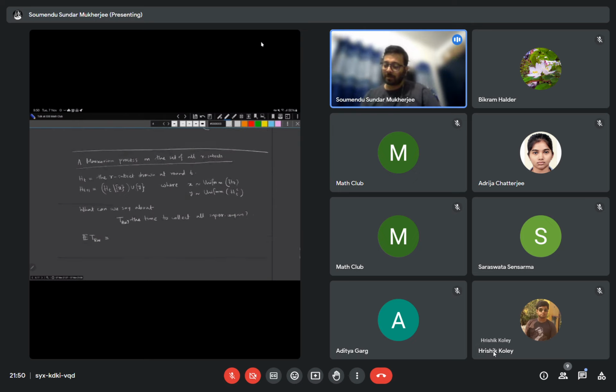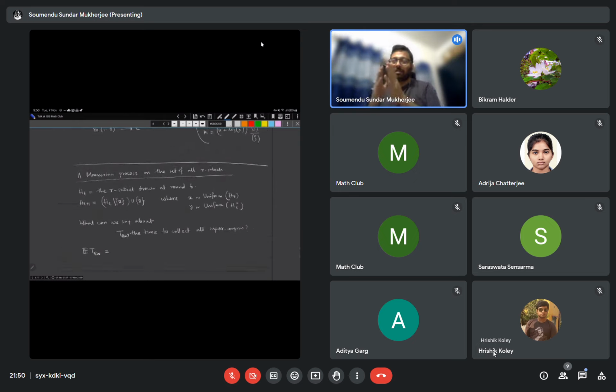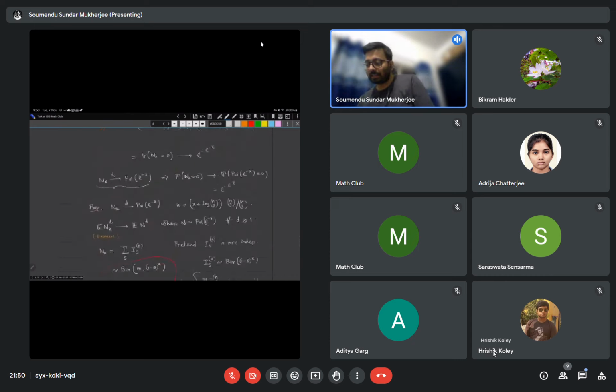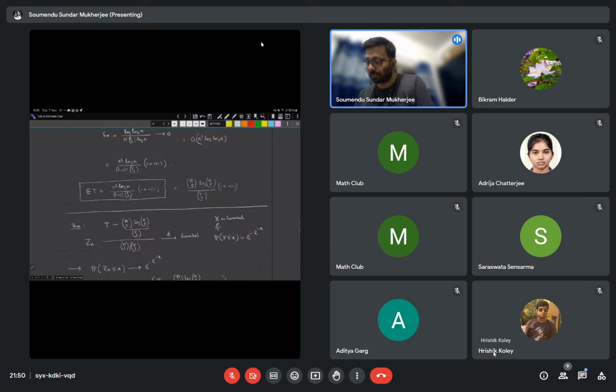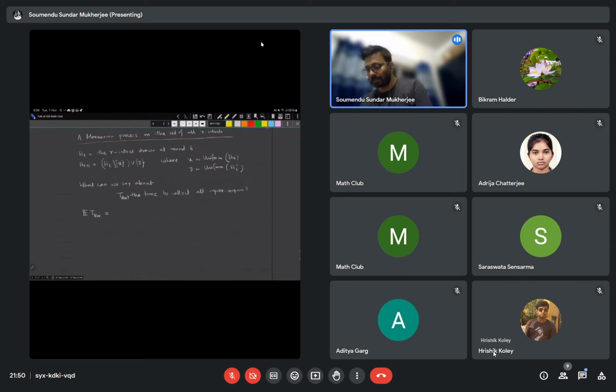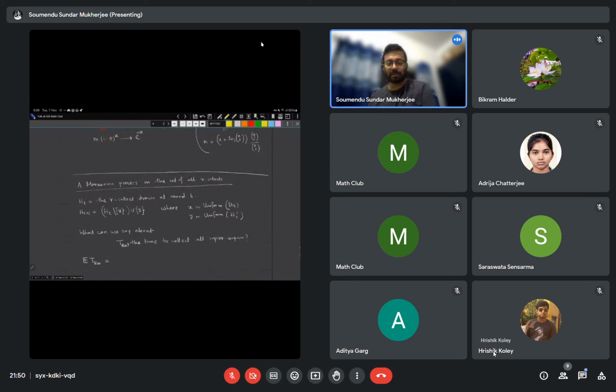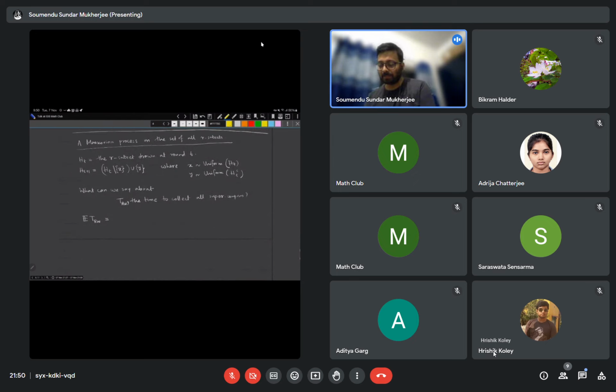See, the problem is previously at each round I was drawing independent R subsets, right? And we just showed that the time to collect all the super coupons is of this order. Now, if you have this Markovian dependence between the R subsets that you draw, what do you expect? Would this be bigger or smaller than the previous one?